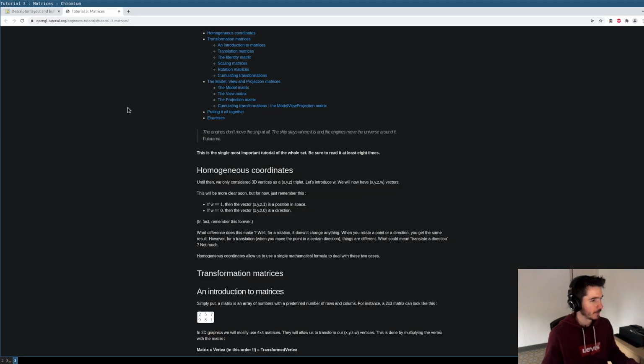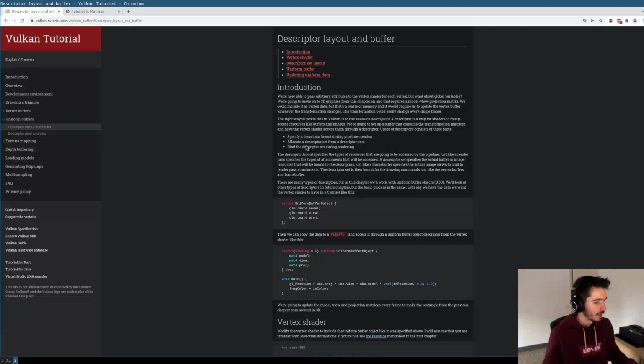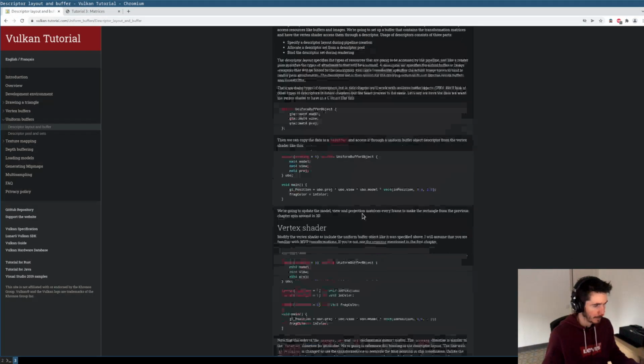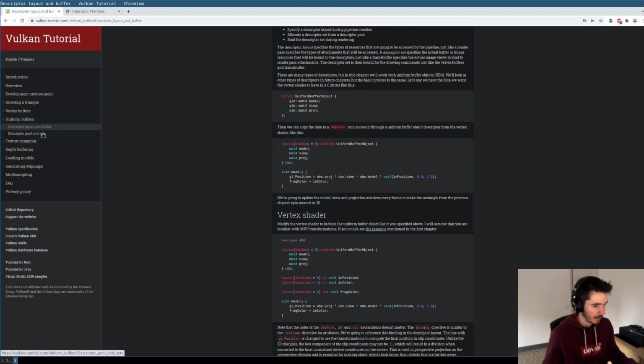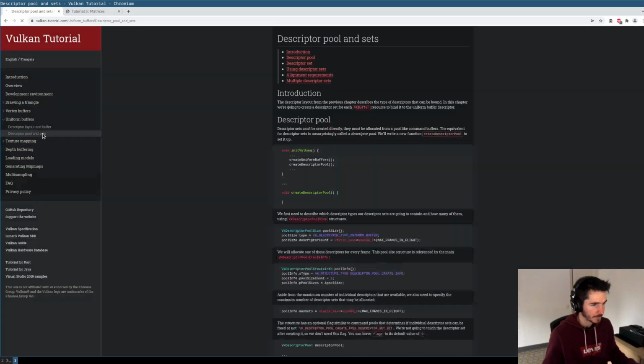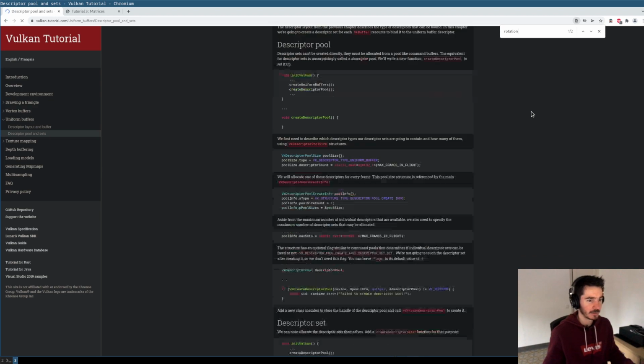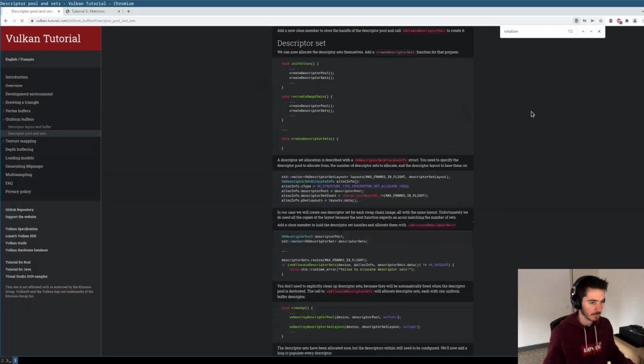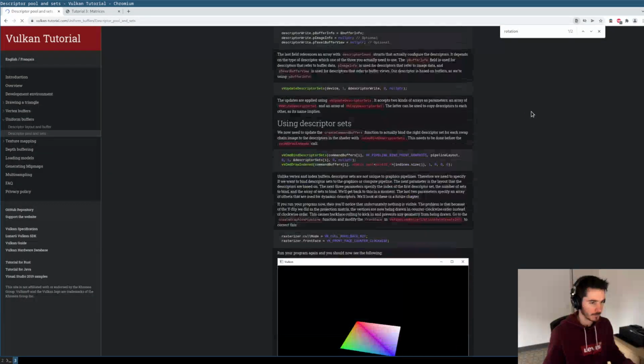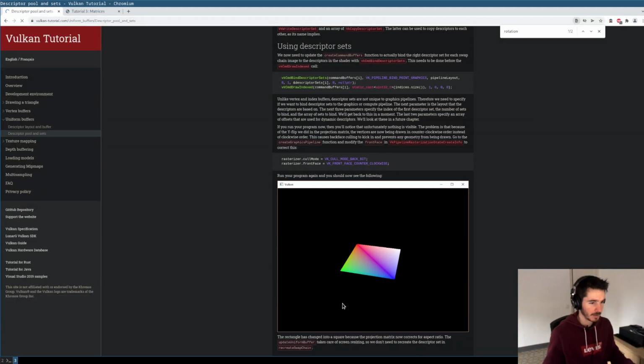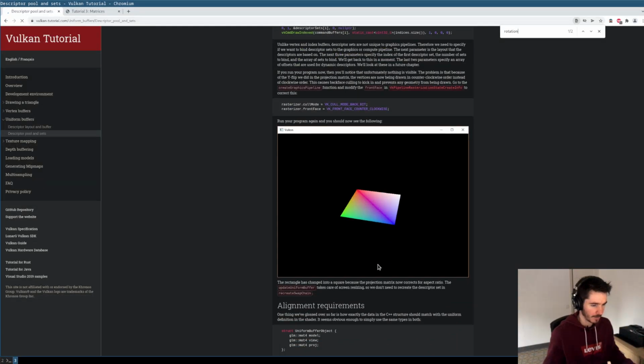So here on the tutorial, if I remember correctly, they were using, if I can find it. Yeah, so our goal is to have the cube rotating.